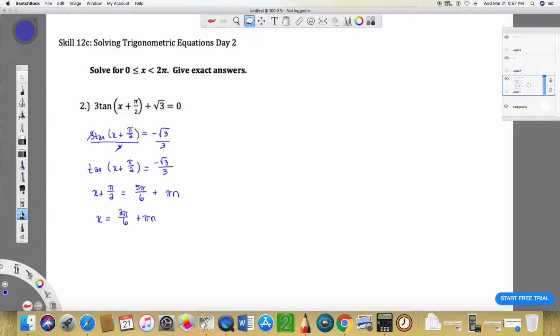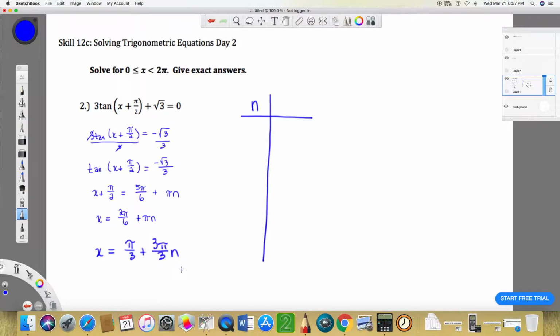So of the infinitely many solutions that satisfy this equation, we can describe them as pi over 3 plus pi times n. Now we want to pick various values of n and find solutions that are between 0 and 2 pi. So let's construct a table. Let's look at pi and call it 3 pi over 3, just to make it easy to add this pi over 3.